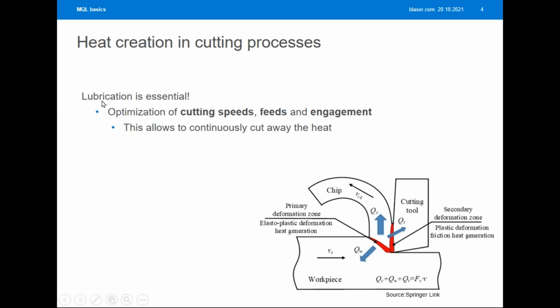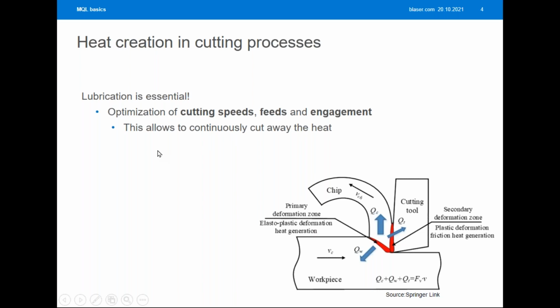And there, the lubrication is really essential to be able to create less heat in a process. And the way to cut away the heat is by optimizing cutting speeds, feeds, and engagement, so that the heat is transported away with the chips.